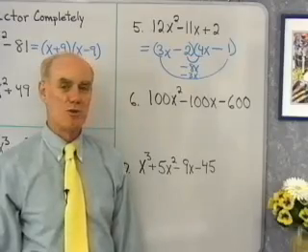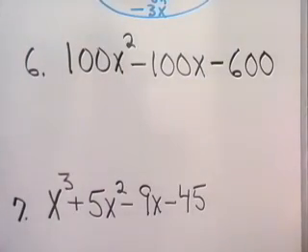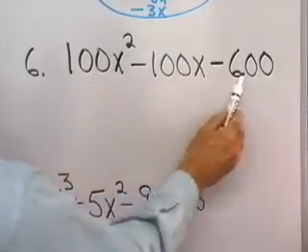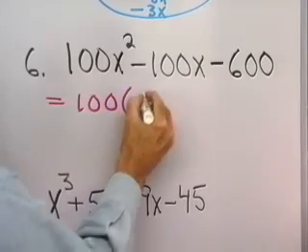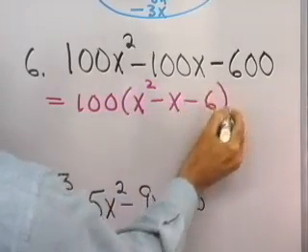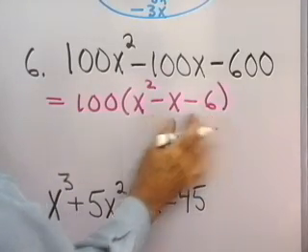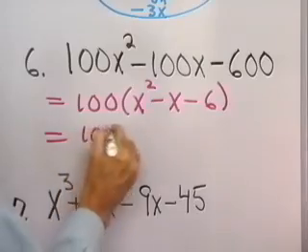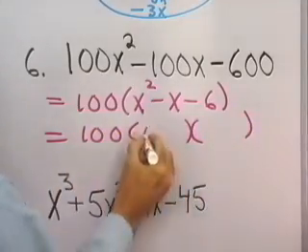The next problem is also a trinomial, but it has a greatest common factor. Let's take a look. I have 100x squared minus 100x minus 600. So I see that I have 100 common to each term. Let's factor that out to start with. So I have 100 times x squared minus x minus 6. Now this trinomial doesn't have any greatest common factors other than 1. I'll factor it into the product of two binomials.